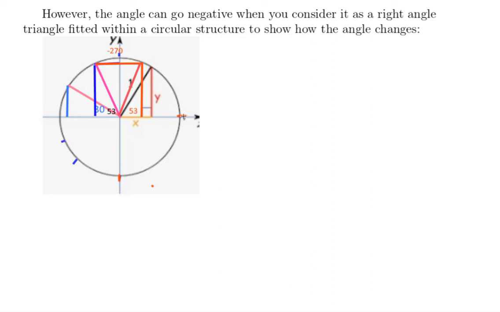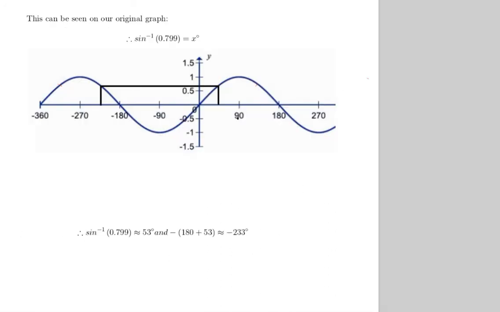Although that is the case, another way to view it is if you were to instead start here, walk your way around, and by the time you get to this point, actually what it is is 180 plus 53 degrees. So the angle that would come out from this would instead be minus 233, which is why this is a more accurate answer given the domain, dependent on your exam question or problem that you wish to solve.